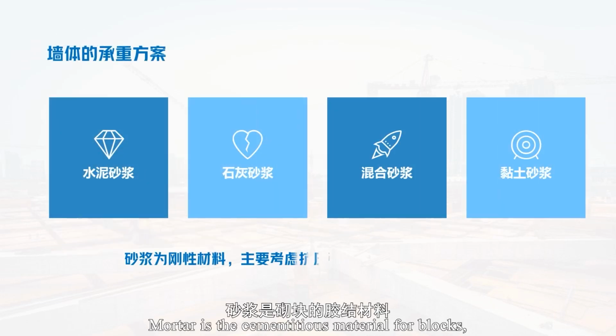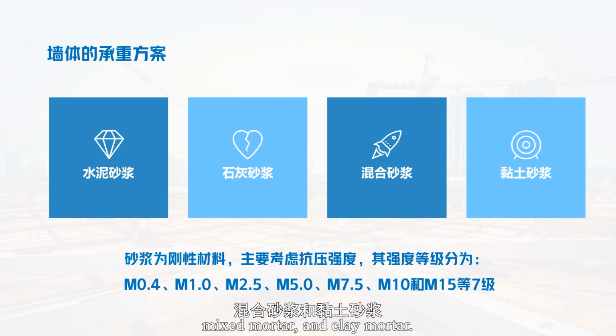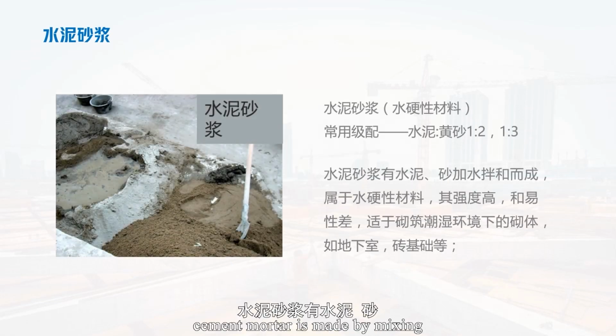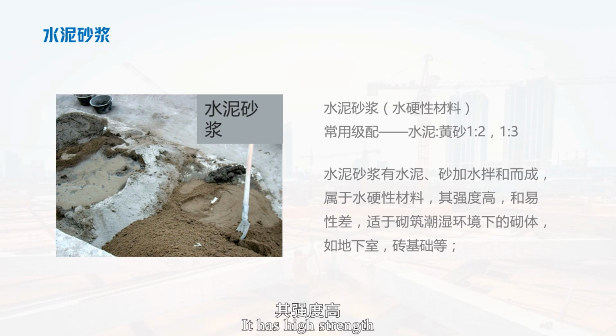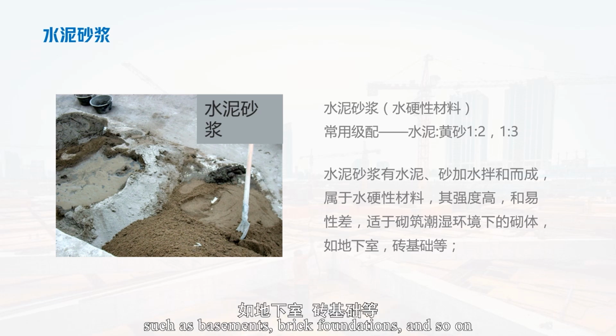Mortar is the cementitious material for blocks, and commonly used mortars include cement mortar, lime mortar, mixed mortar, and clay mortar. Among them, cement mortar is made by mixing cement, sand, and water, which belongs to hydraulic materials. It has high strength, but poor plasticity, and is suitable for masonry in damp environments, such as basements, brick foundations, and so on.